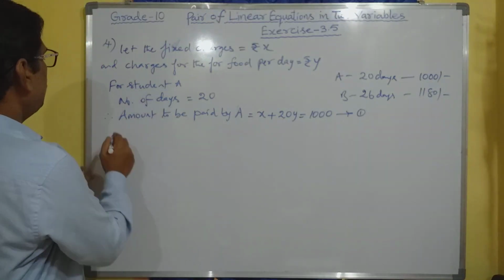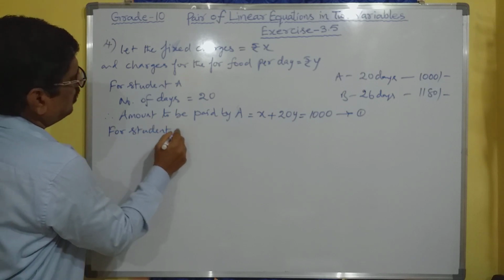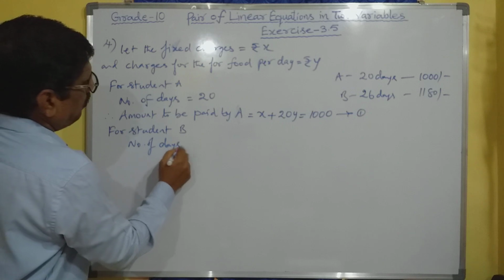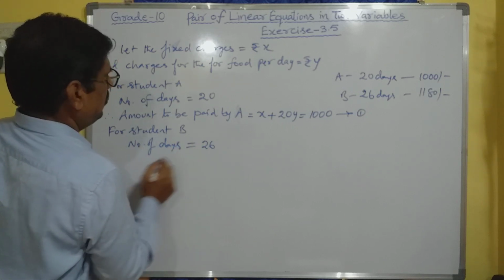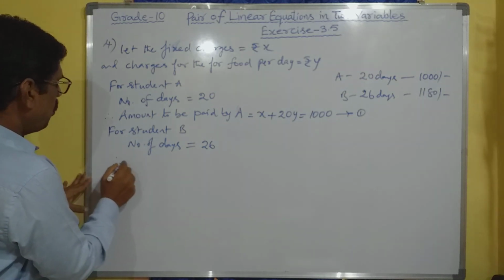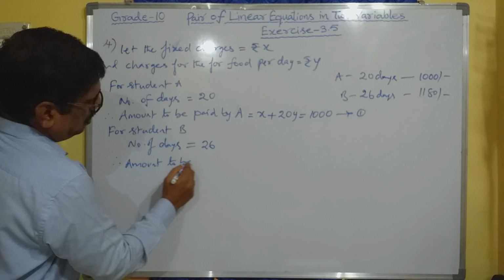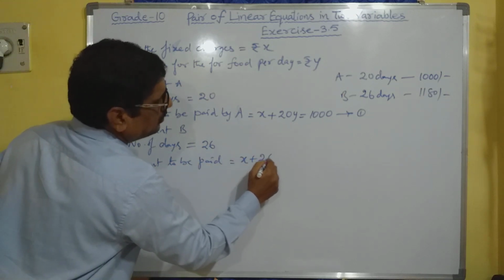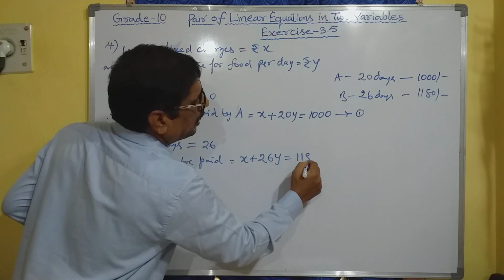In the same way, for student B, the number of days he stayed in the hostel is 26 days. So the amount to be paid: the fixed charge is X and 26 days, so 26Y, is 1180.